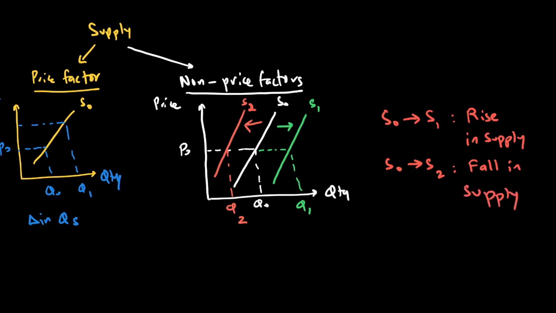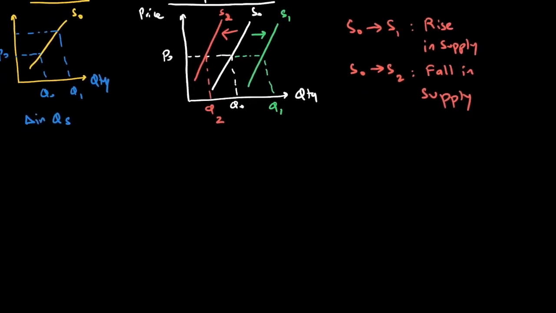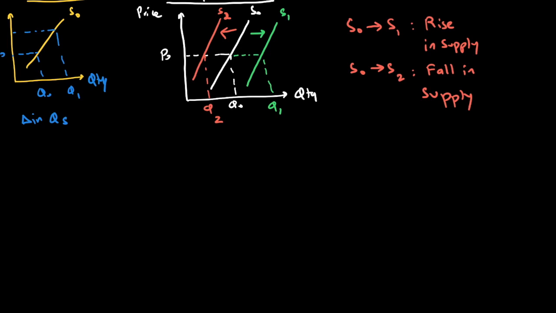So what are the factors that result in the rise or fall in supply? The first major factor which results in supply curve to shift is cost of production. The higher the cost of production, the less profit we know the firms will make at any price.